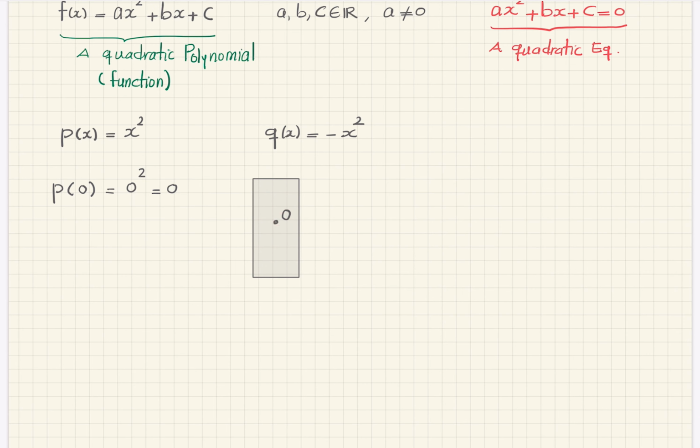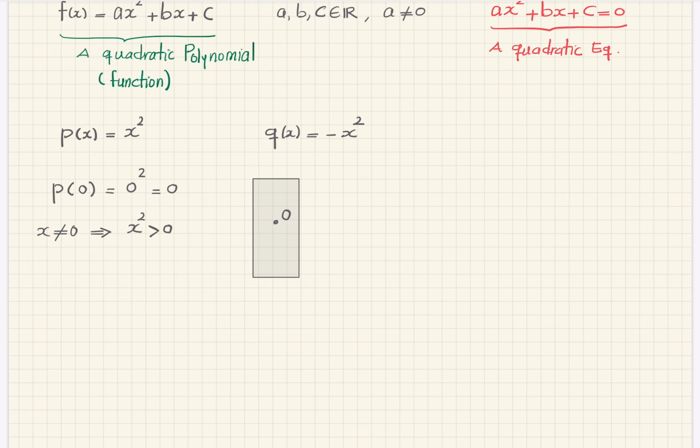And the answer is clear. Why? Because if I put a number which is not equal to 0 here, if x is not equal to 0, do you agree that x to the power of 2 is definitely a positive number? Yes?